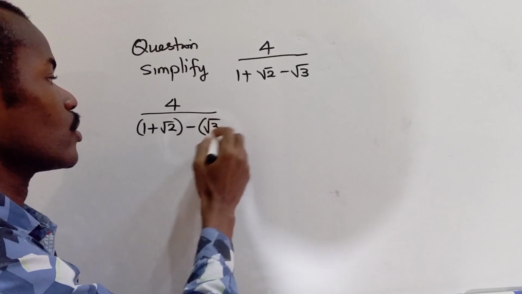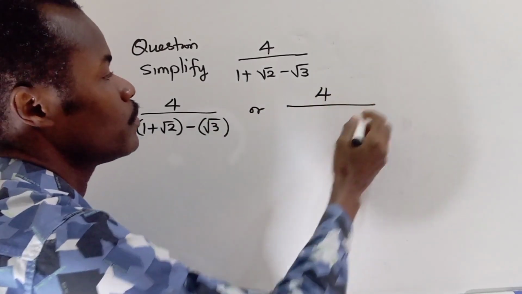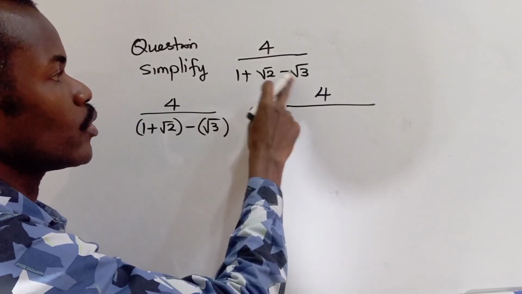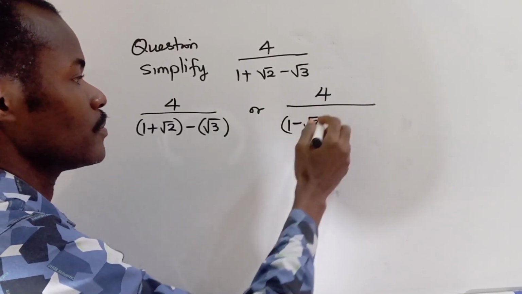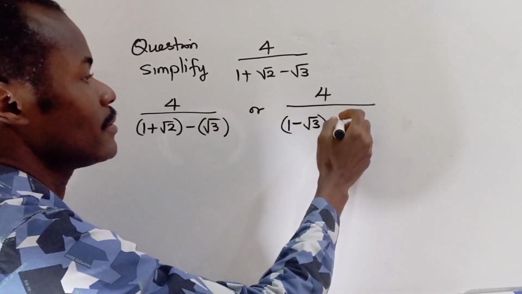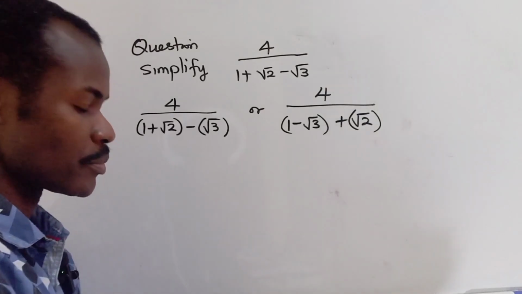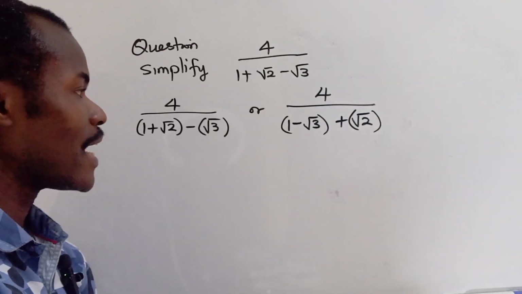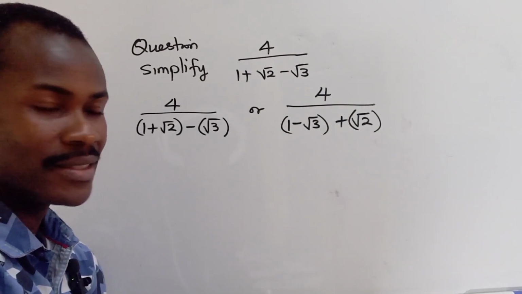Or we can go by this approach: I can bring root 3 close to this, so we have 1 minus root 3 plus root 2 in brackets. Either way, you are going to arrive at the same answer.